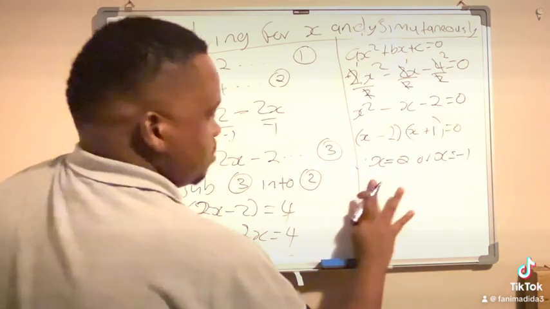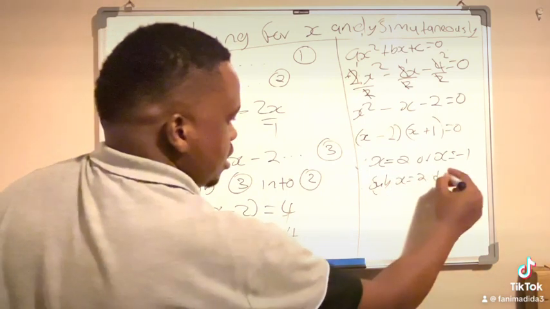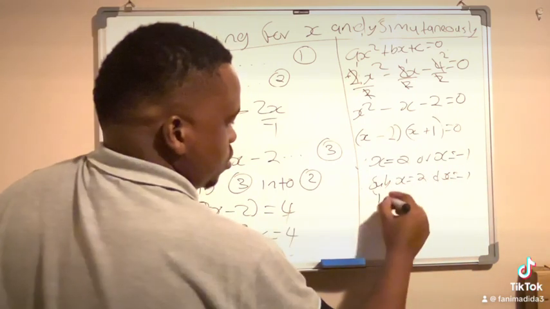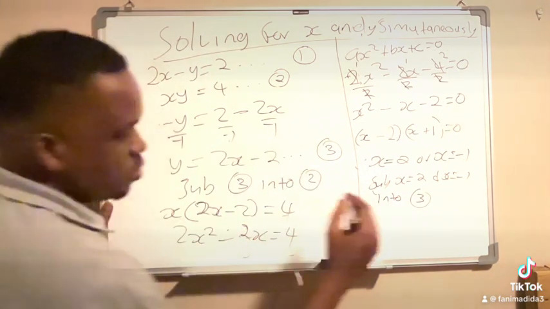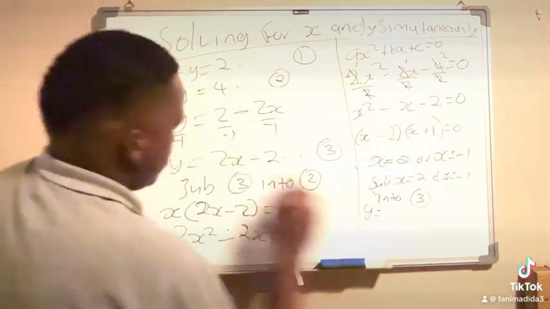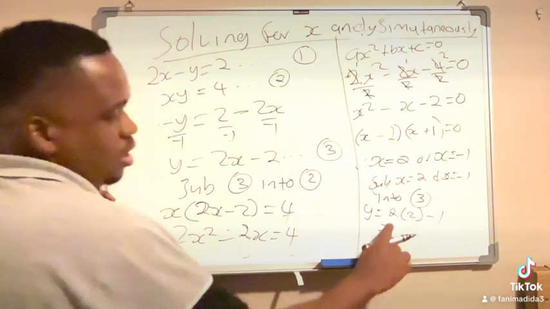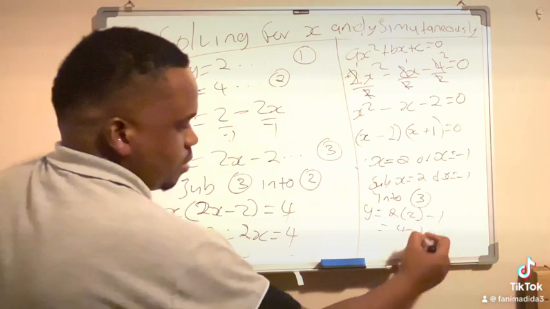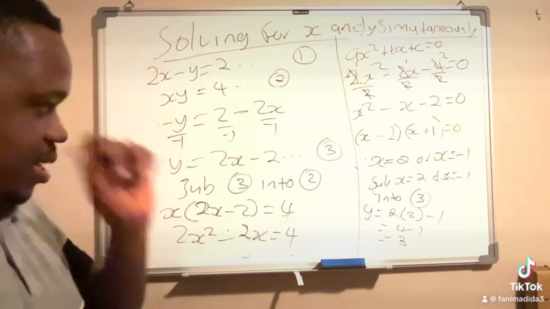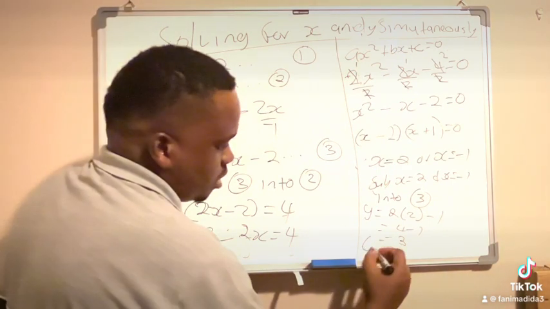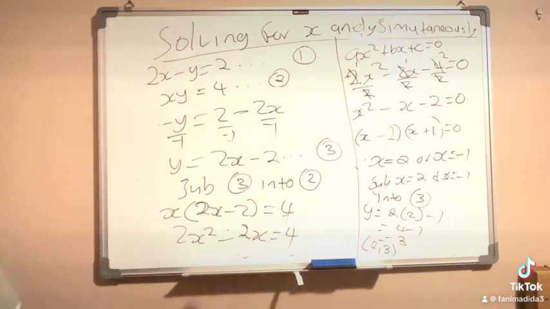If you do that, you're going to have y is equals to 2 into 2 minus 1. Then 2 multiplied by 2 is 4 minus 1. What is 4 minus 1? It's going to give us 3. So the first coordinates, or the first point, is 2 and 3. That's what you're finding over here.